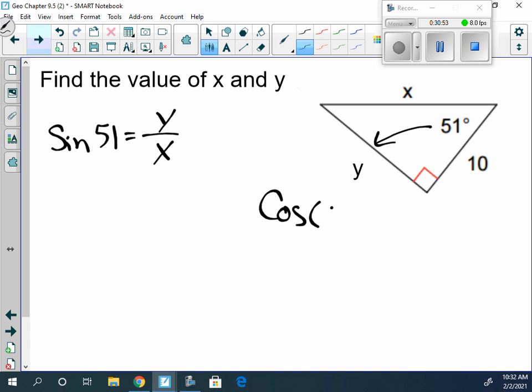Now, cosine of 51 degrees is going to be adjacent over the hypotenuse. The hypotenuse is x, and we know x is the hypotenuse because it's the side opposite the 90 degrees, which is always going to be the hypotenuse.